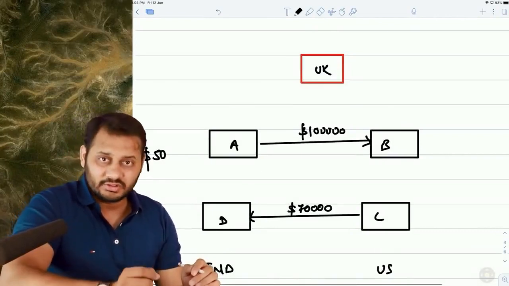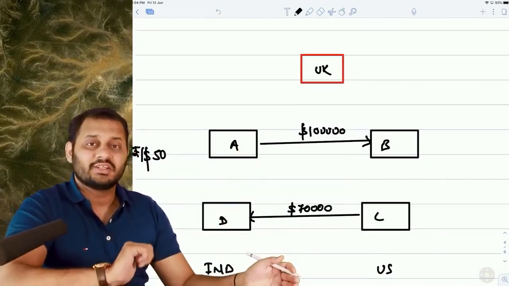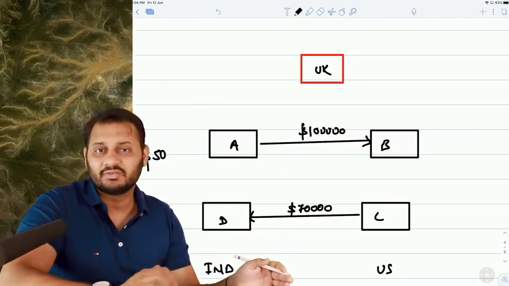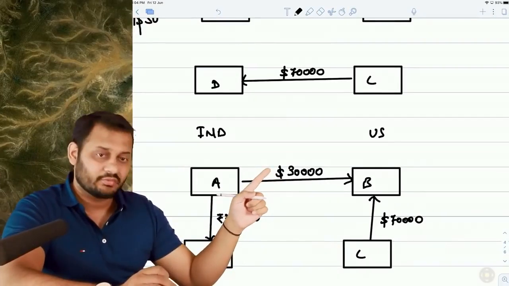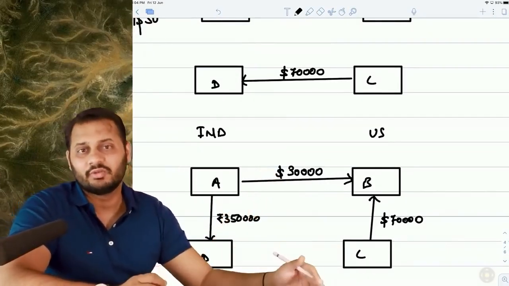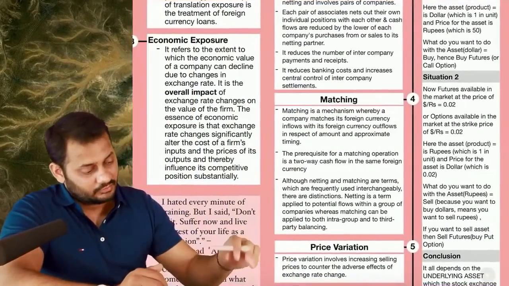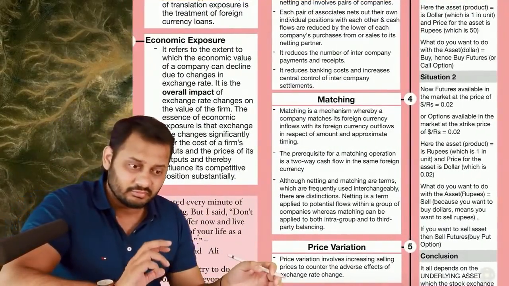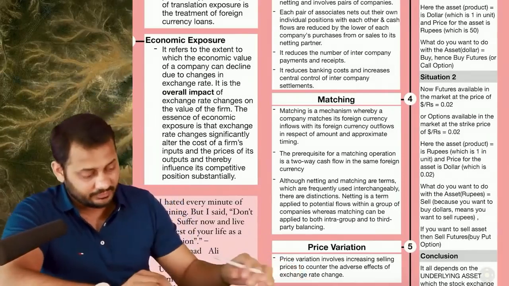Earlier there was transaction cost and exchange margin on $1,70,000, and that hefty amount we brought down to $30,000 only. That's it. This is called matching. And this is not between the parent and subsidiary companies. All the parties are different.